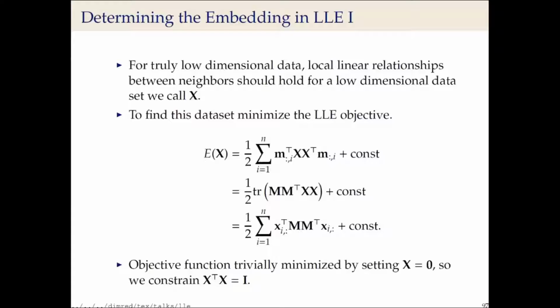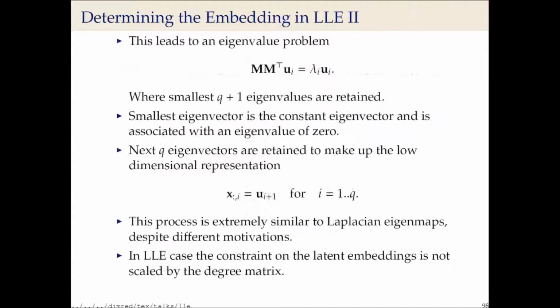But in the algorithm, when you look at that objective, this is the form of the objective: M transpose M. Now, I'm short on time, so the punchline is that they then say, take the minimum eigenvalues of this M transpose M. But M itself has an interpretation.